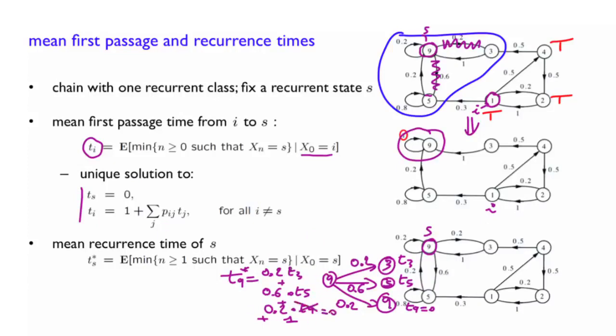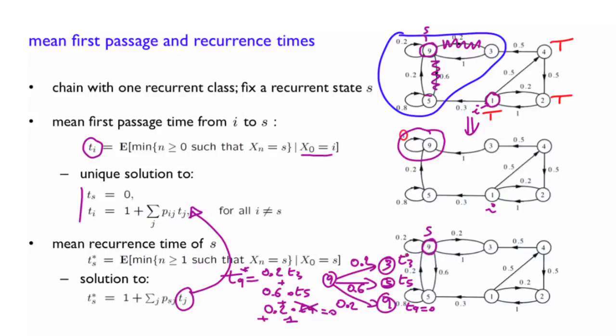So what we have shown here is that in general, this is actually what you would have, and this is exactly what we have written here. T_s star is 1 plus the summation of p_sj times T_j, where T_j is the solution to this system. So again, you started from 9, you have to do a transition first.